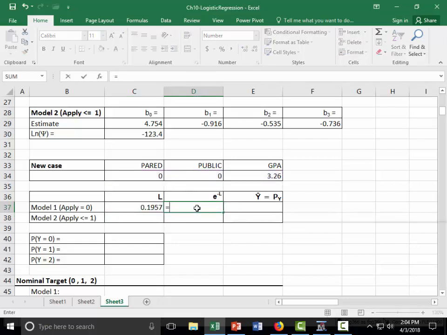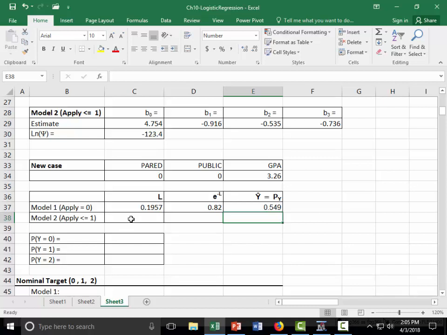Okay, and then we can do EXP of minus L, and then 1 over 1 plus e to the power of minus L. It will give you the probability. Okay? Any questions so far?